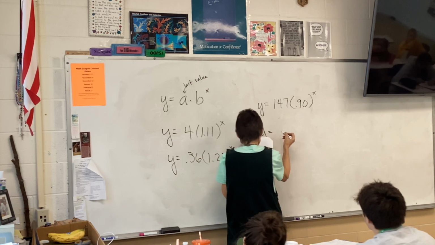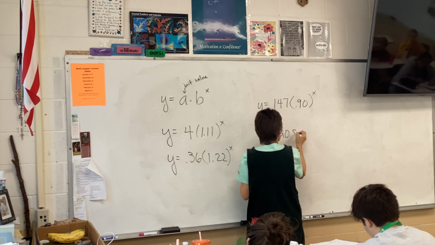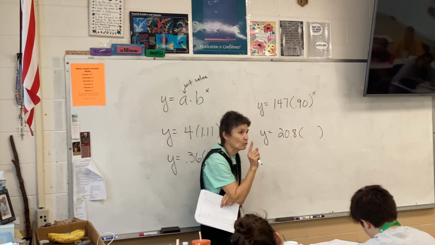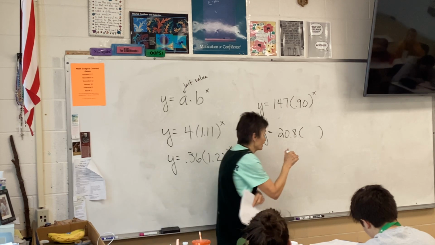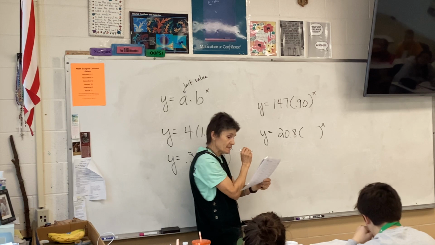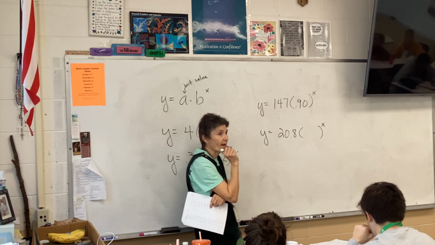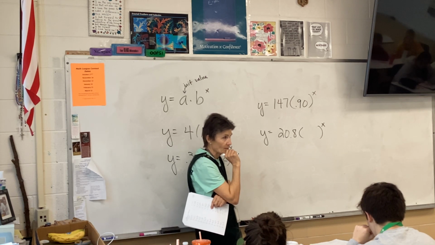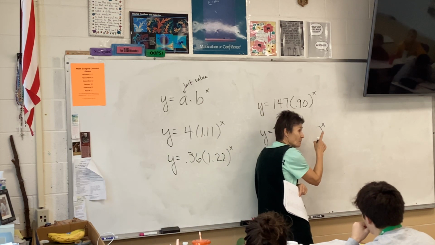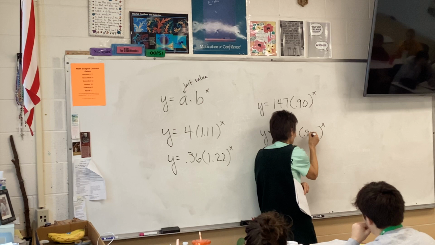Next, the initial value is 20.8. And again, we are decreasing, by 4.5%. So this number is going to be what? 0.955.